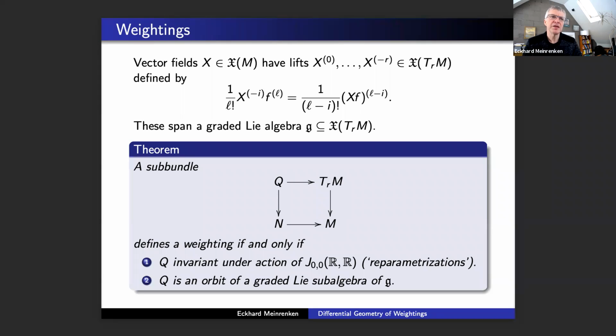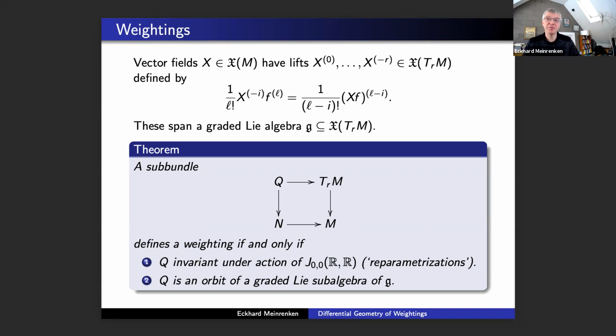And secondly, it has to be an orbit of this graded Lie subalgebra that I just described. So there has to be a subalgebra of these X^i's which span the tangent bundle everywhere. So this is the condition.